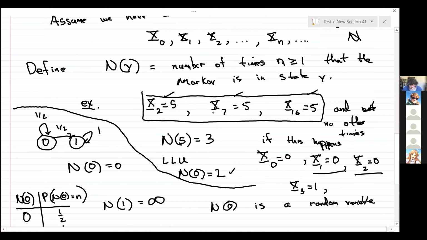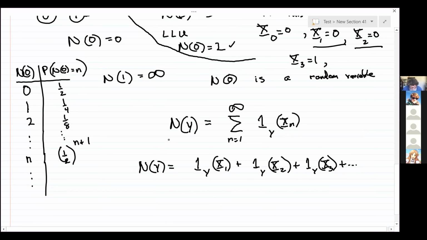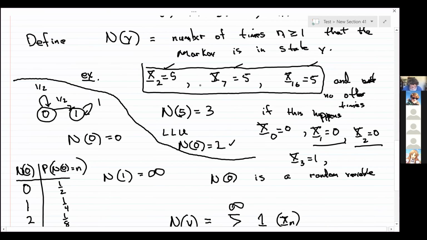I've given you the 3 times we are at 5 and no other times. I'm assuming we're at a Markov chain, and at these times 2, 7, and 16, we are at state 5, and at no other times is that true. So assume this is what's going on. Assume we're at 5 at these 3 times and no other times.